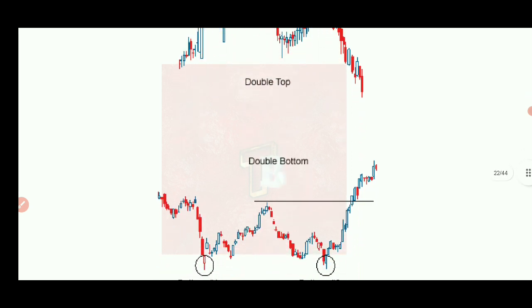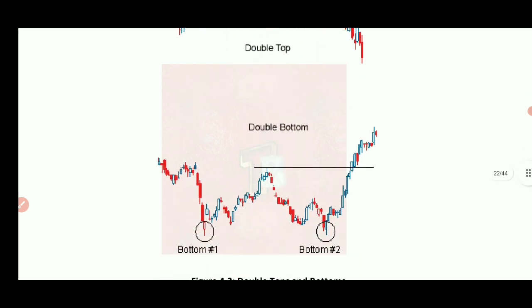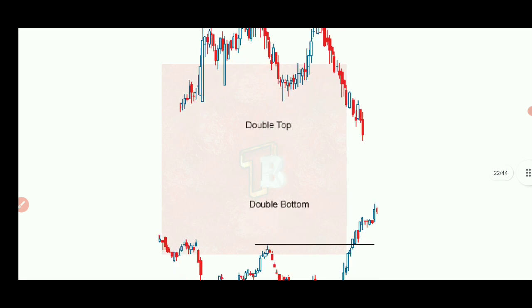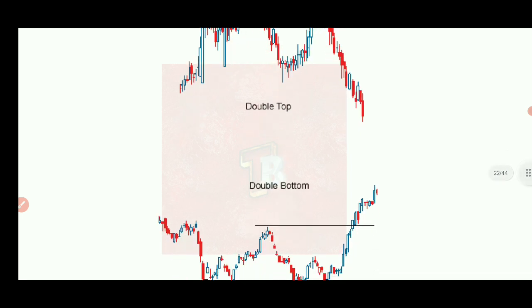Now this is how it looks like. This is the bottom one and bottom two. All these are support. The bottom is a support zone, while the top is what? The resistance zone. So for you to trade this, you must first of all find the next zone, and it's at the next zone that you enter your trade.